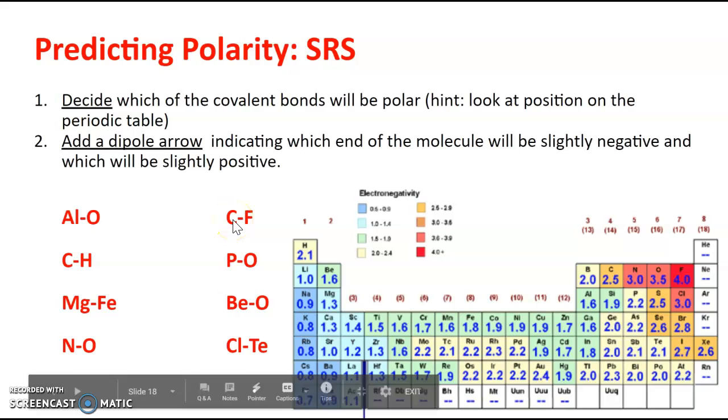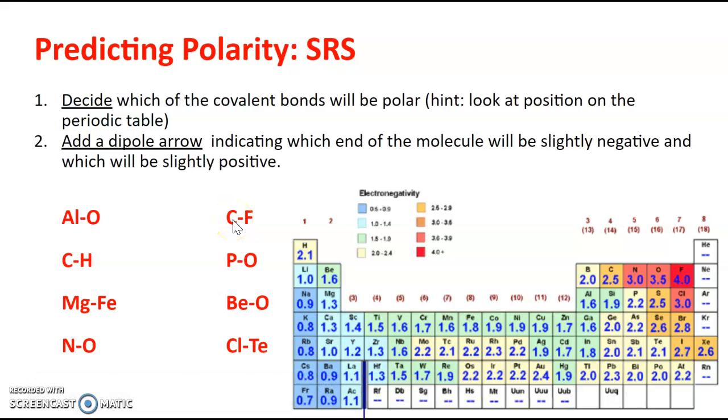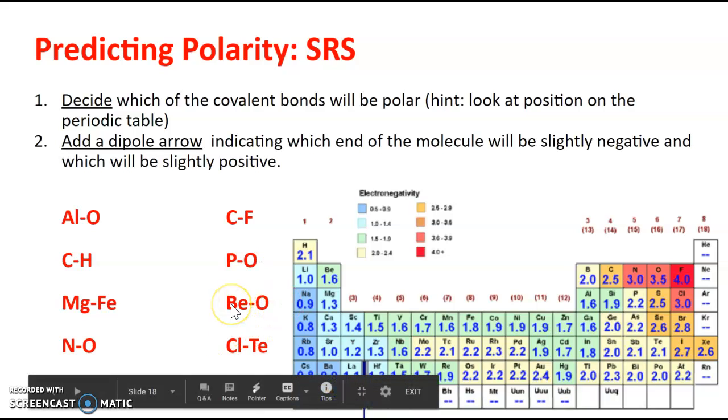Carbon and fluorine are a big difference, so that will be polar because it has a difference of 1.5. Phosphorus and oxygen has a difference of like 1.3, big difference. Oxygen's bigger, so oxygen will have the head of the arrow, so that is polar.